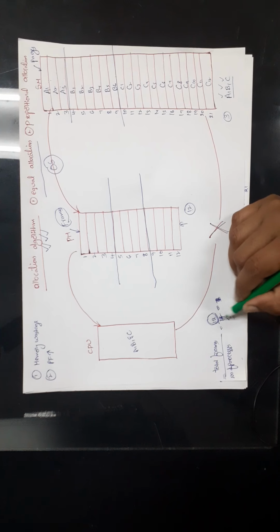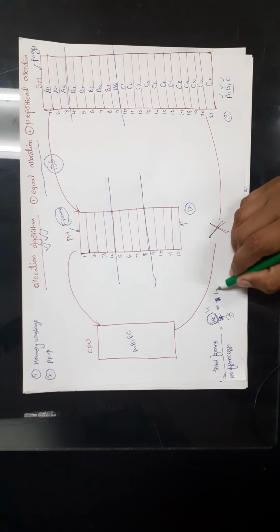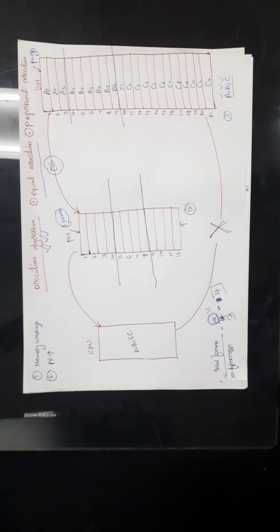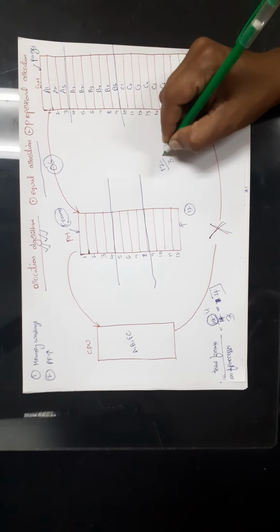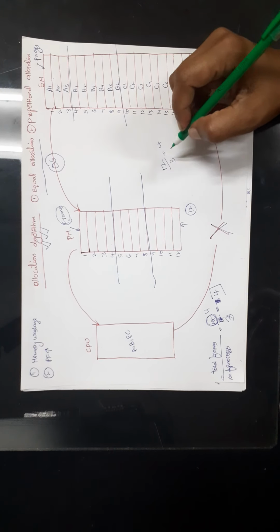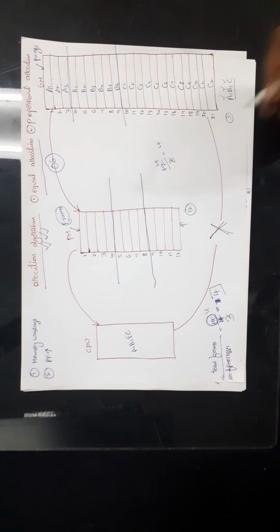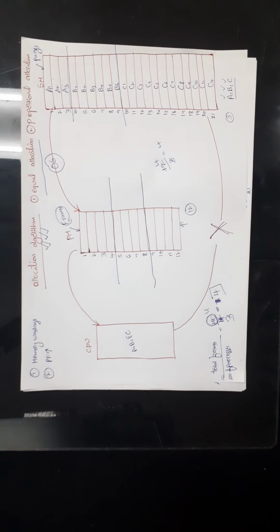So what is the result? 3 4s are 12. So finally I got 4 as the answer. That means I should allocate 4 frames for each process. What is the formula? Total frames by number of processes. Total frames are 12 and number of processes are 3. So I should allocate 4 frames for each process. This is called equal allocation.